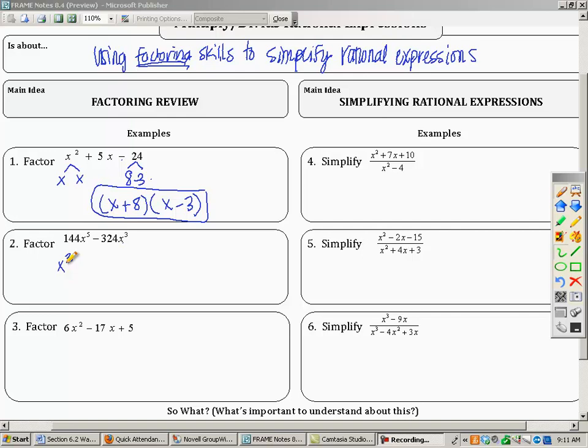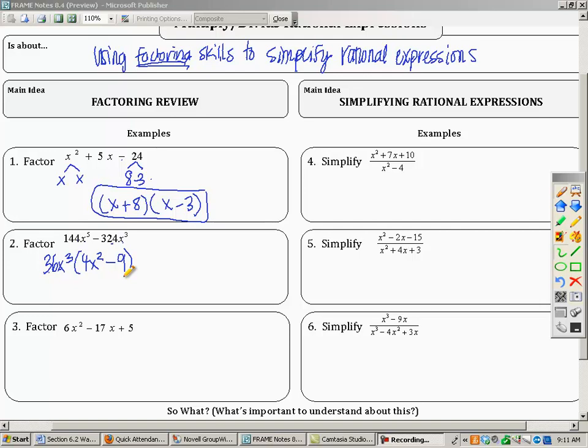To save us a little bit of time, I know that 36 is a number that goes into both. If I pull a 36 out, 144 divided by 36 is 4. I had 5 x's, but I took 3 out, so I have an x squared left. And then I keep the minus. 324 divided by 36 is 9. And I had 3 x's, but I took all 3 out, so I can close my parentheses.